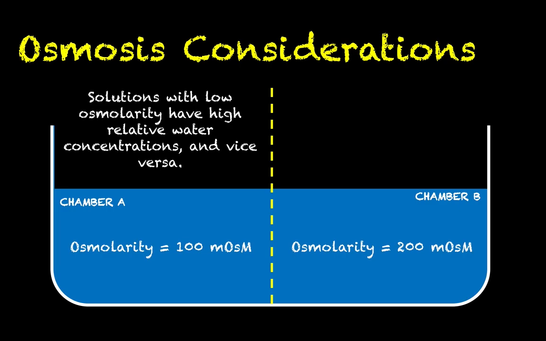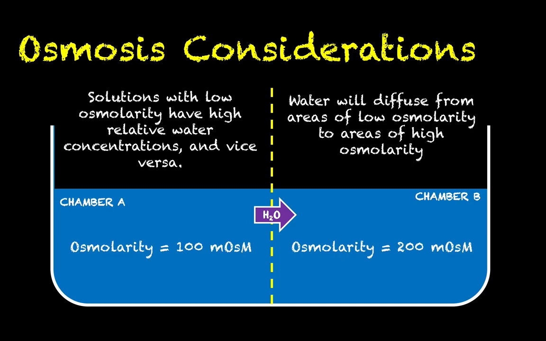So in chamber A here, you have a solution with an osmolarity of 100 milliosmolar, and in chamber B, you have a solution with an osmolarity of 200 milliosmolar. The idea here, as we've established before, is that solutions with low solute concentration or low osmolarity have higher relative water concentration, and vice versa.